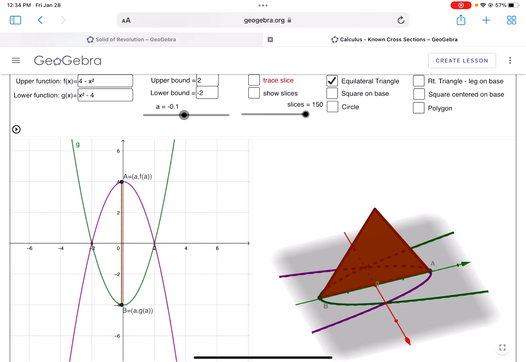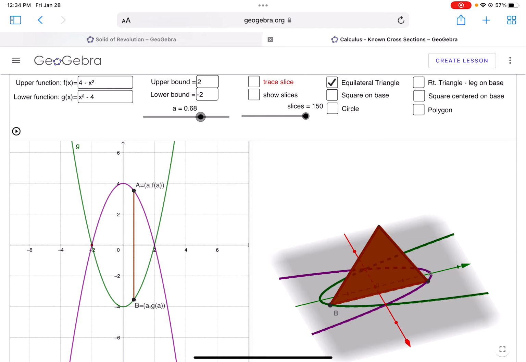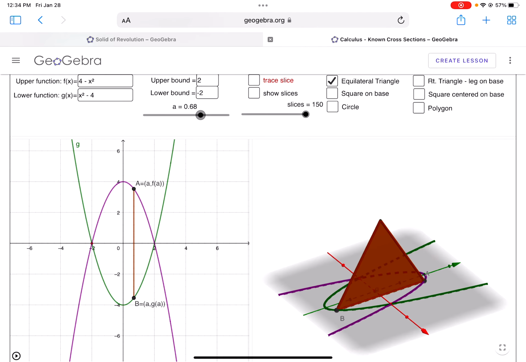An equilateral triangle. So our goal today, what we need to learn how to do is take this top minus bottom, take that line, and instead of just using that line itself, we are going to use that line to create an area formula so that when we integrate, we add all these shapes together.